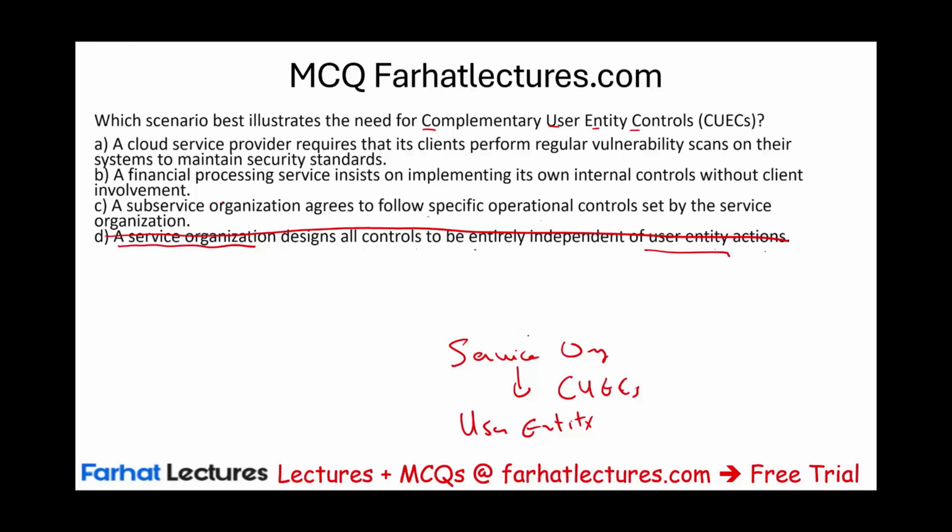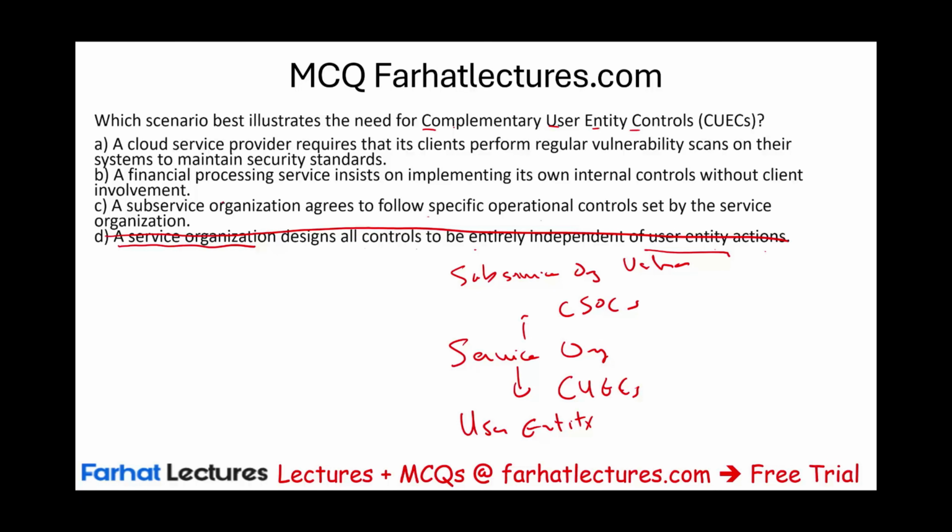Then we have the service organization and we have the subservice org. The relationship between the service organization and the subservice org, which is their vendor, is where the CSOCs are involved, the complementary subservice organization controls.